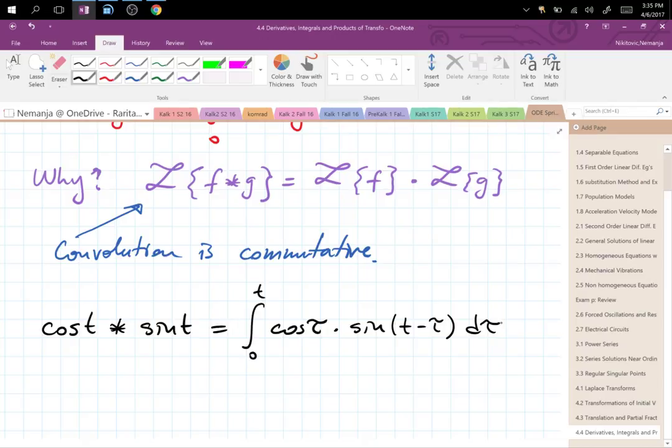Now, how do you integrate this? Can't really use u-sub because they don't have the same argument. So we can't integrate this because we have two different arguments.